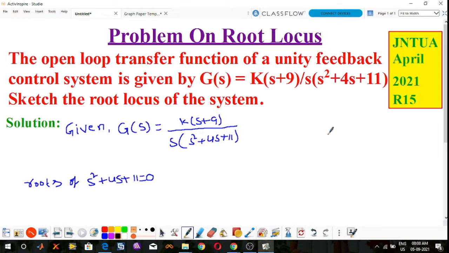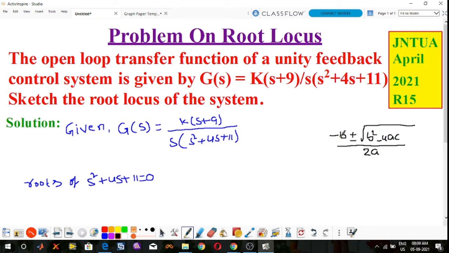Using the expression for ax² + bx + c = 0, the roots are (-b ± √(b² - 4ac)) / 2a. So this is the standard expression.